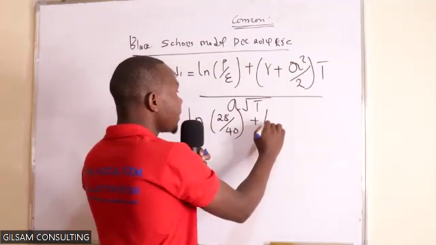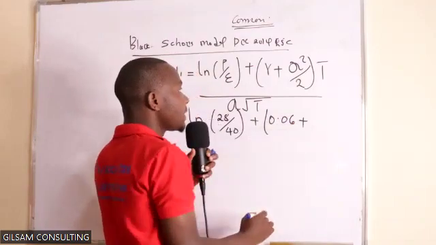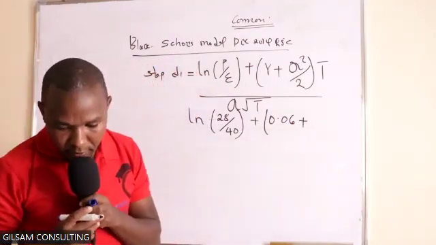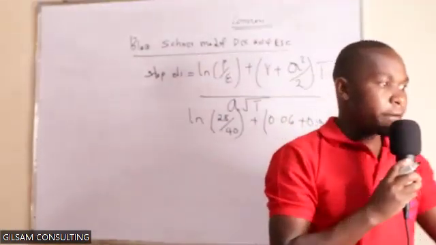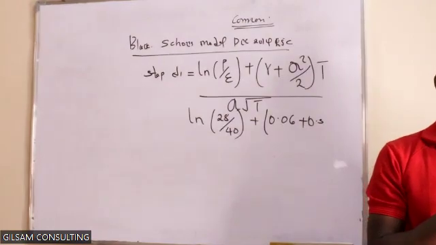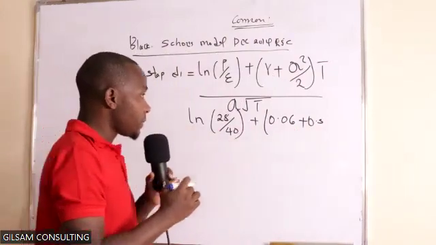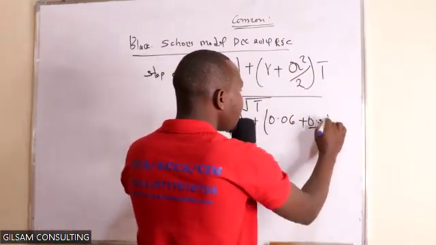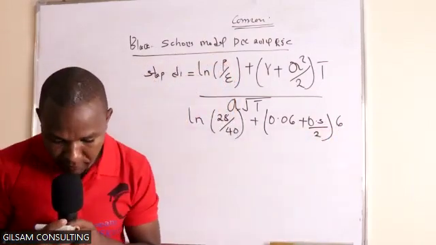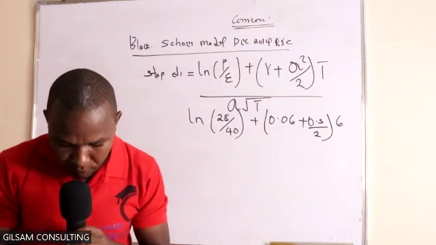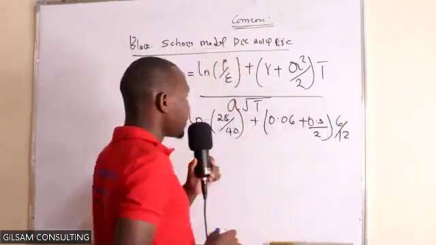You divide by 100, which will be 0.06, plus the variance they have given us, 0.5. APM is very easy if you know how to identify the formulas and you have the variables. We divide by 2, we multiply by 6. Now this 6 is 6 months, and we are doing it for annual, so we divide by 12.